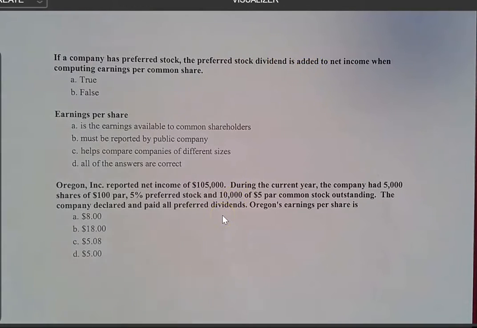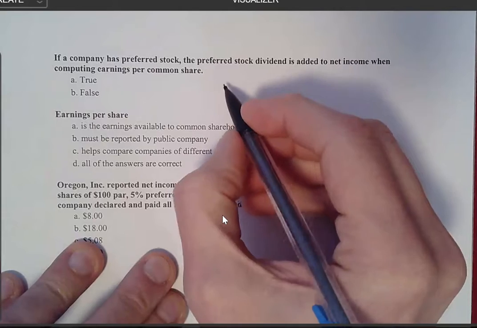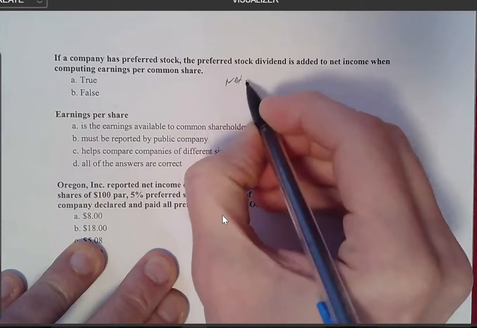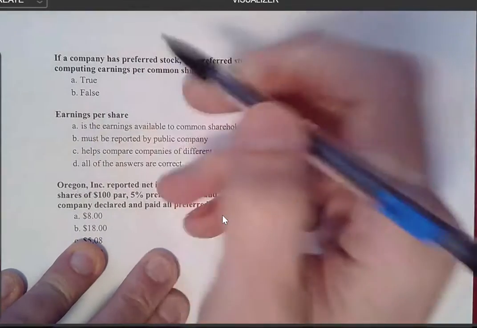So let's just go ahead and write the formula out here. Excuse me, I dropped my pencil.